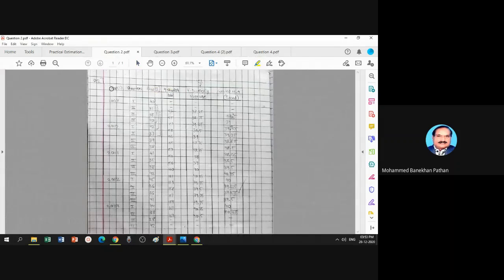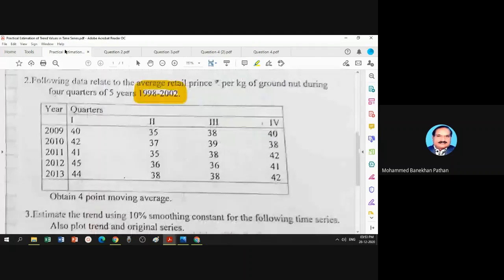In column 1, we take the values of year. In the second column, write the data according to quarters 1 to 4. In the third column, the value of the time series, given as price, denoted as YT. So columns 1, 2 and 3 come from your data: year and every year 4 quarters and so on.